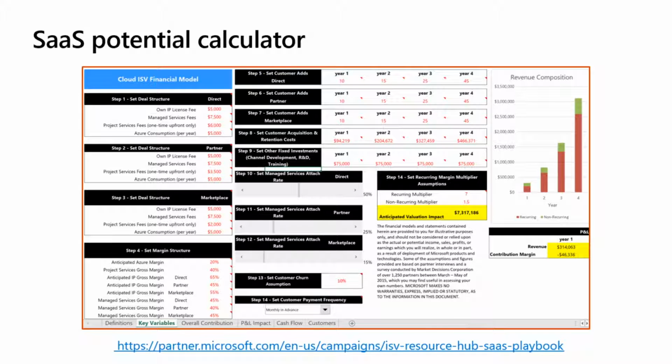By inputting those numbers, it will give you a good overview of your return on investment. And it's a great tool for brainstorming about what billing models, what capabilities, what tiers do you want to offer for the different customers that you may have.